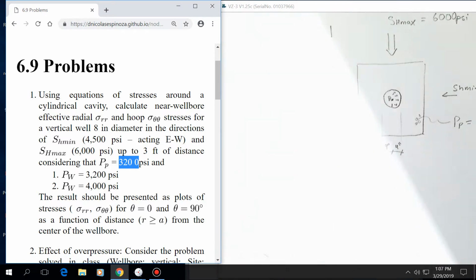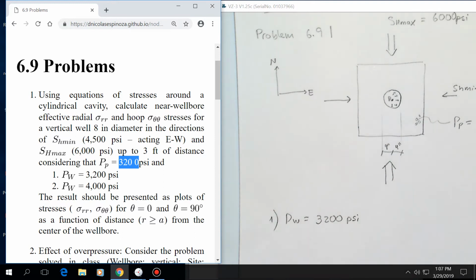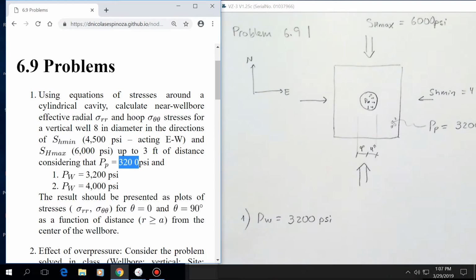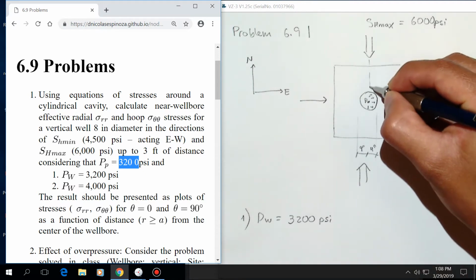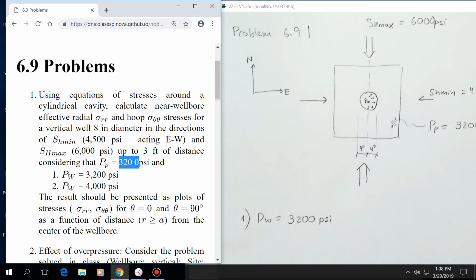Okay, so I come back over here, and in this problem number 1, what I'm asking you is to tell me what the values of sigma rr and sigma theta theta are for theta equal to 0. What does theta equal to 0 mean? As we defined it in this class, theta is always the angle measured from the direction of the maximum stress perpendicular to the wellbore.